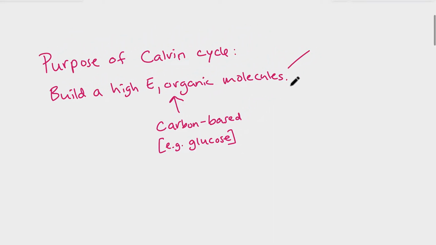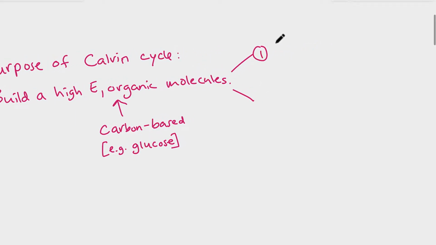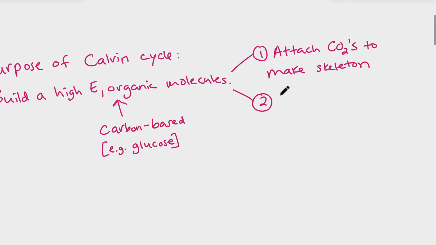And this is through two kind of steps in the Calvin cycle. So one thing that we're going to do is to attach carbon dioxides, CO2s, to make the carbon skeleton. That's going to make that organic part and the actual molecule. But then to make it high energy, we do the second part.